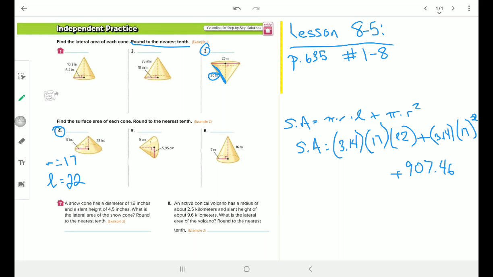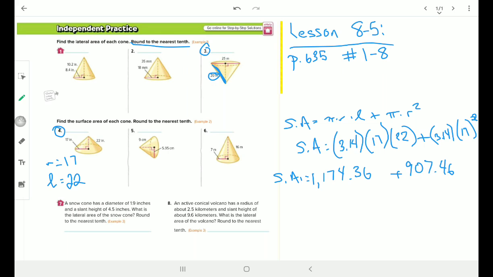907.46. Now be careful, don't round yet. Don't round till the very end. And I'm going to do the lateral area now. And I will get 1,174.36.